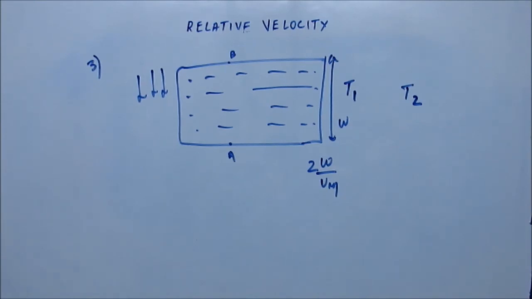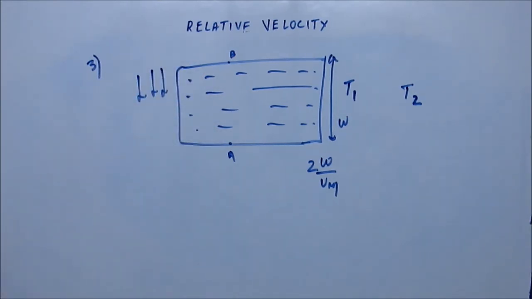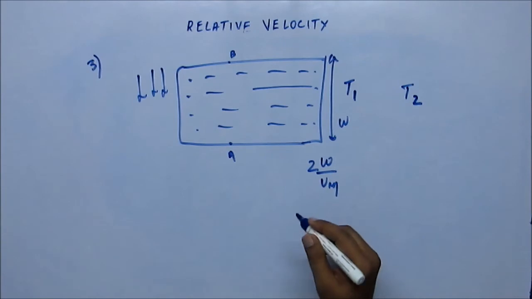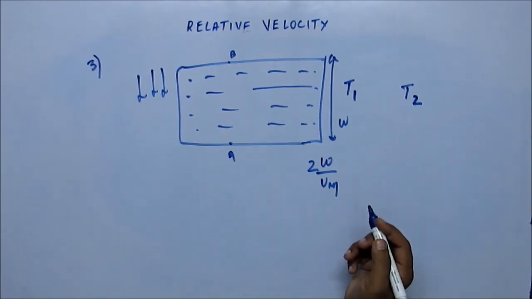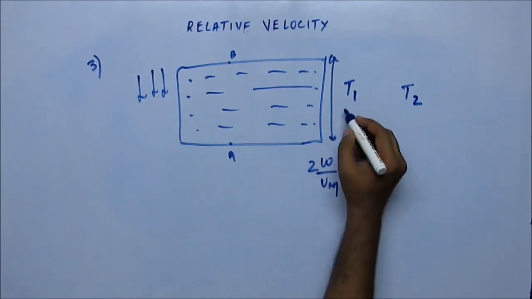Now let's see T2. On a windy day, when the air is flowing in this direction, to go to the opposite side your speed would be decreased because the water current would be in this direction. Let's suppose the water current's speed is Vw.